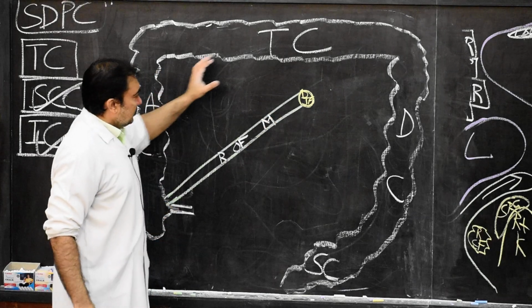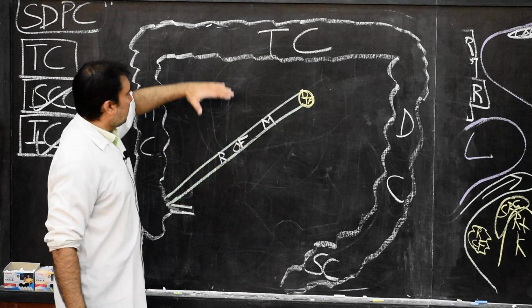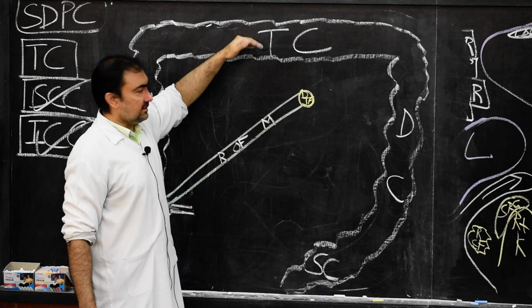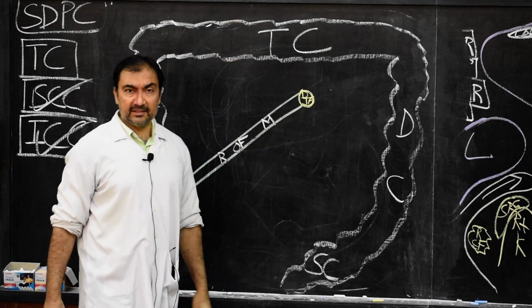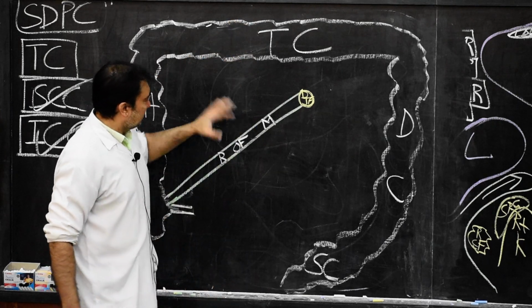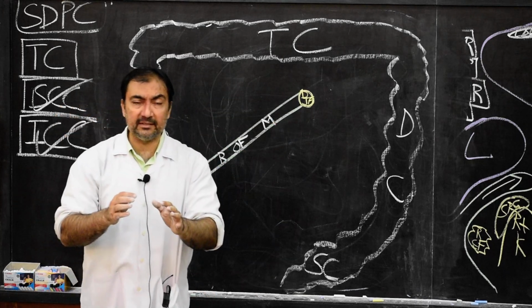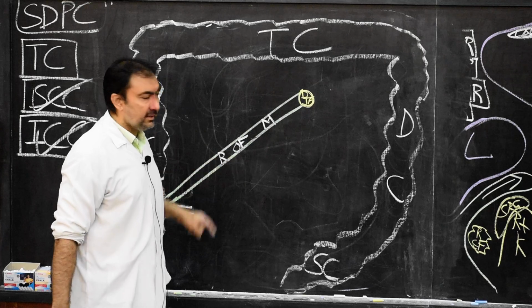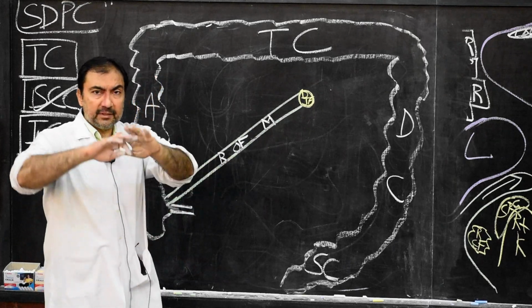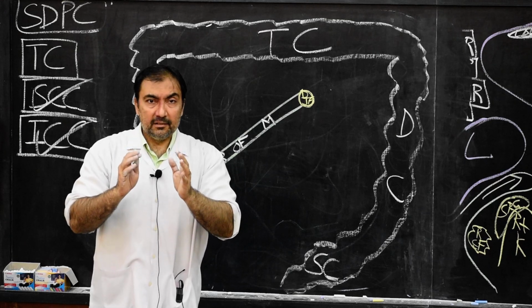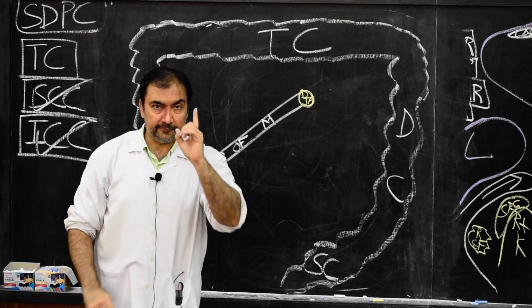Now, the infracolic compartment lies below the level of transverse colon and transverse mesocolon, that is the mesentery of the transverse colon. Below that, this much portion is the infracolic compartment. The entire infracolic compartment is divided by the root of mesentery into two compartments.